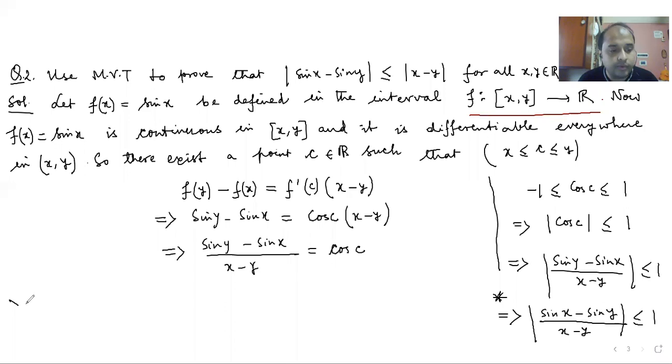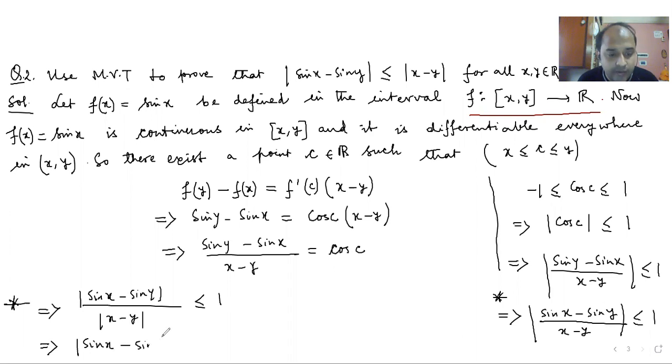So this implies that mod of sine x minus sine y by mod of x minus y is less than or equal to 1, and this implies mod of sine x minus sine y is less than or equal to mod of x minus y.